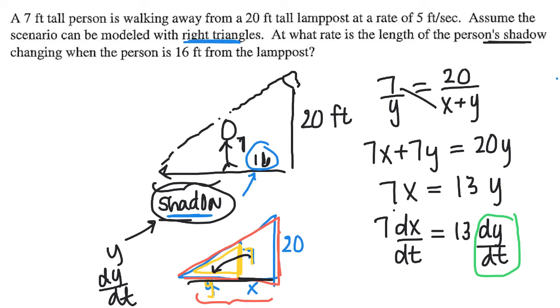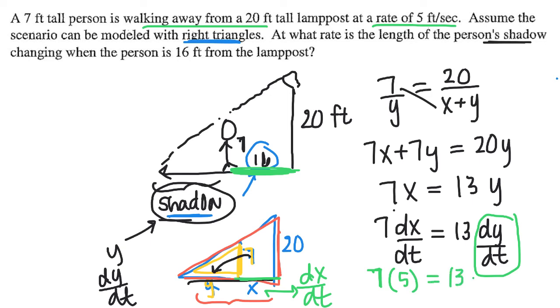And we do. If we go back up to the first sentence, it tells us that the person is walking away from the lamppost at a rate of 5 feet per second. That's this portion here, which is what I let x be. So I know dx over dt is 5. If we plug that in, I have 7 times 5 equals 13 dy dt.